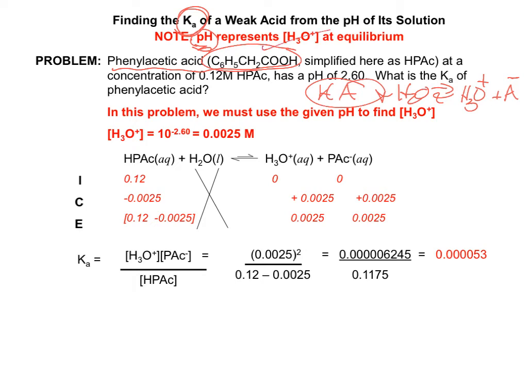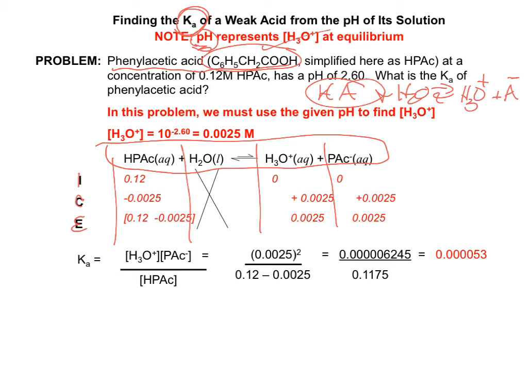All right, so we're going to start the same way. We're going to go ahead and write our balanced chemical equation. As I said before, I like to set up the ICE table right below the balanced chemical equation so that everything's already lined up in columns.